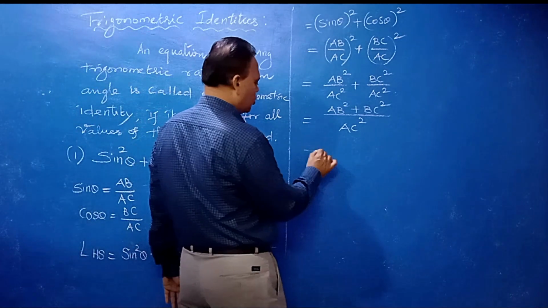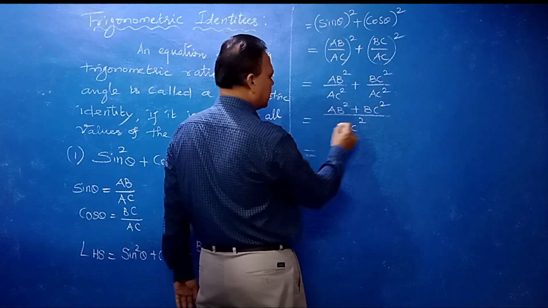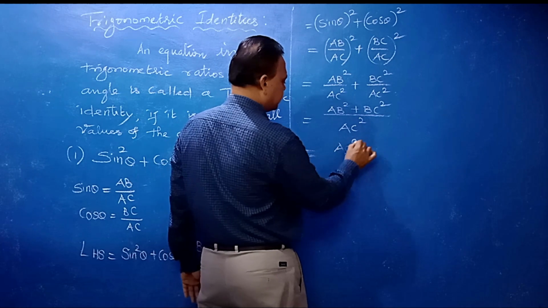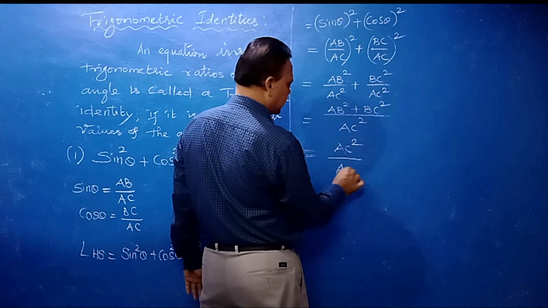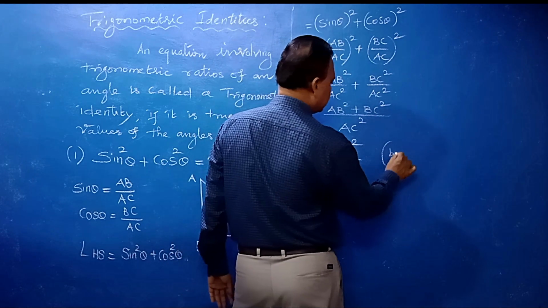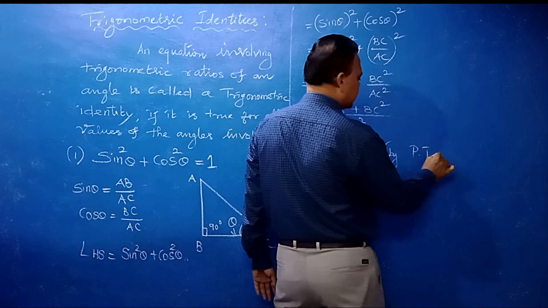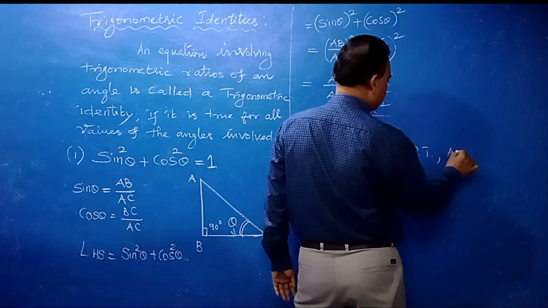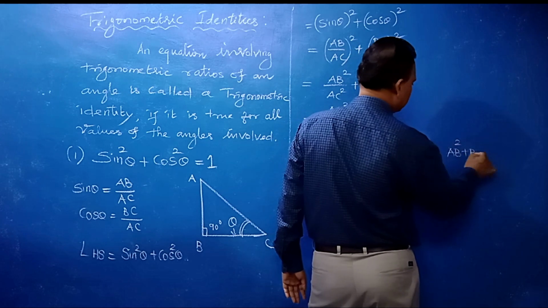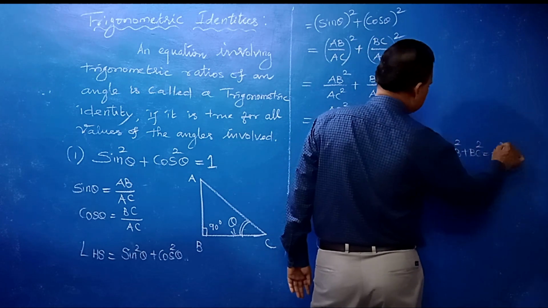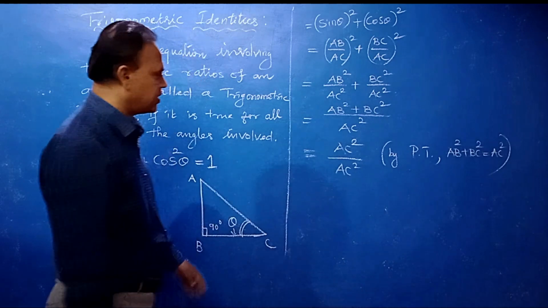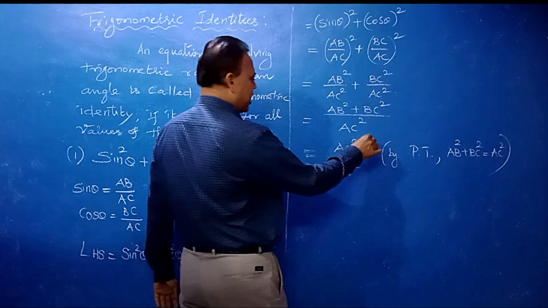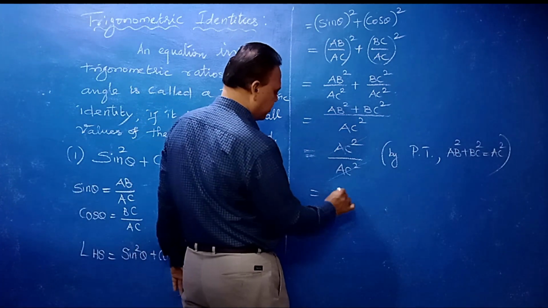So this can be written as AC squared by AC squared. Understand? So now numerator and denominator are the same, so it will be 1.